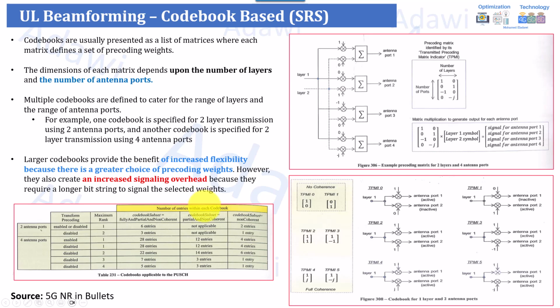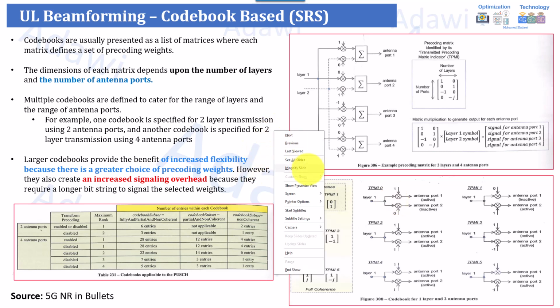This means you have fewer codebooks, so the benefit for the gNB to select the best beam for the user in the uplink direction will reduce. Now, what does coherent and non-coherent mean? I have the next slide with more details about this part, but let me give you a high-level introduction before going into the details.